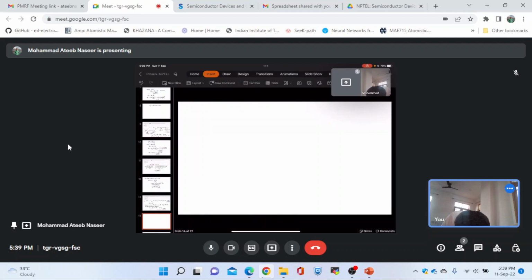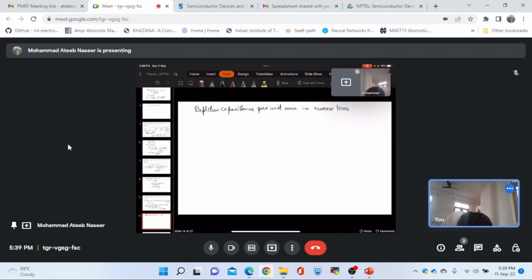So this junction capacitance is the depletion capacitance. Simply it is the depletion capacitance per unit area in reverse bias.